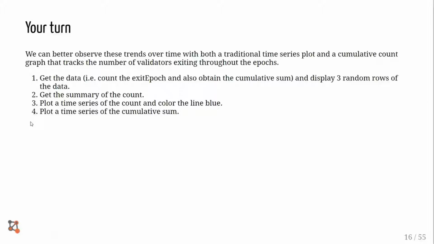And second, you get the summary of the count. Third, you plot a time series of the count and color the line blue. And fourth, plot a time series of the cumulative sum. So you can pause here, you can try it yourself, and when you're ready, just click unpause.